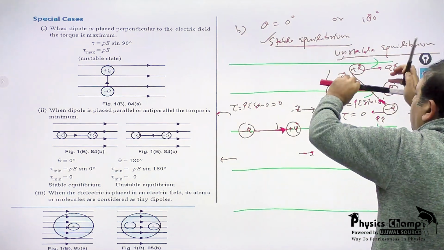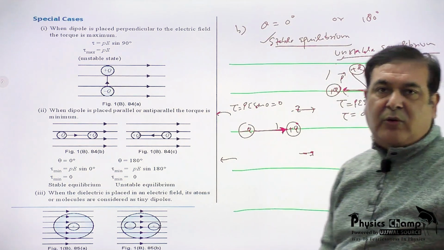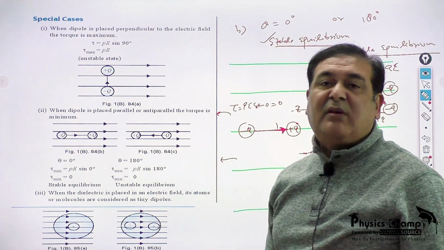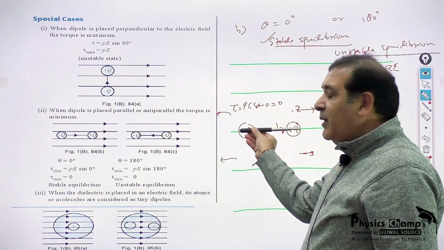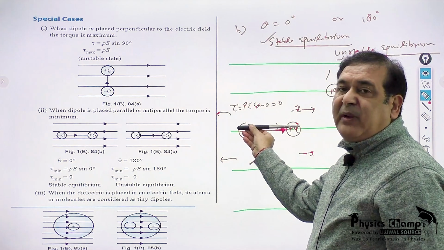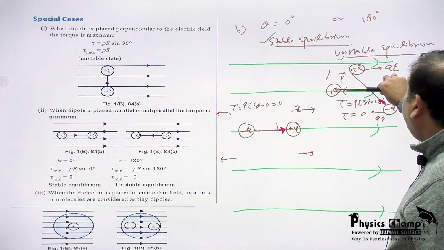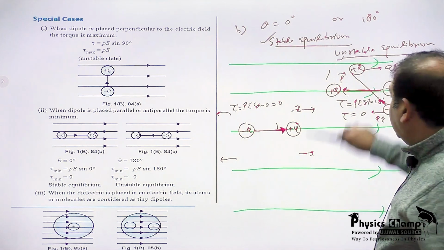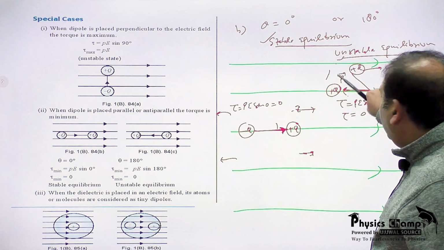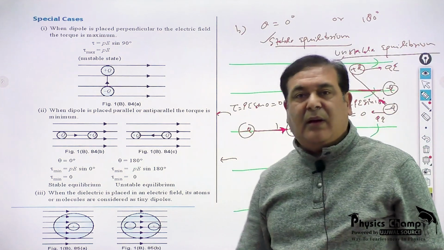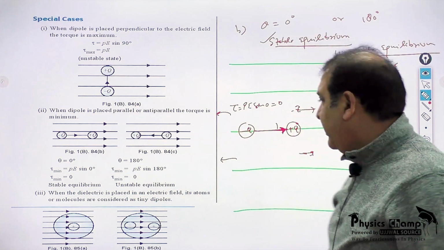But when you displace it a bit, it gets turned further. It doesn't come back. It is in unstable equilibrium. So this is stable equilibrium when 0 is the angle between P and E, and this is unstable equilibrium when theta is 180 between P and E. Because you displace it a bit and the forces and the torque will further turn it ahead rather than bringing it back.